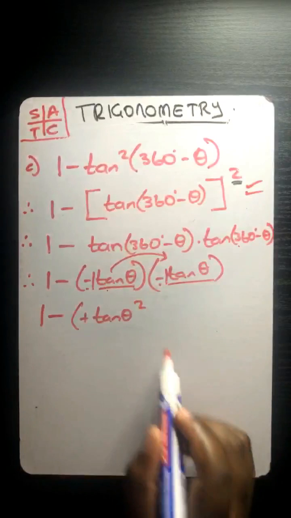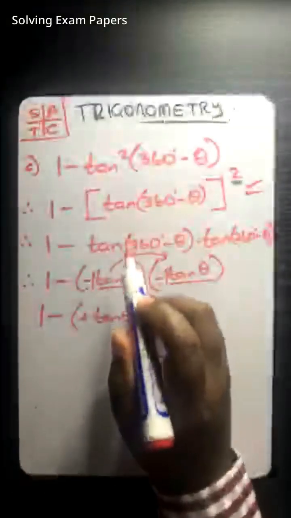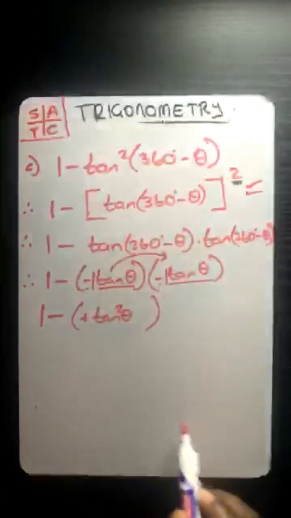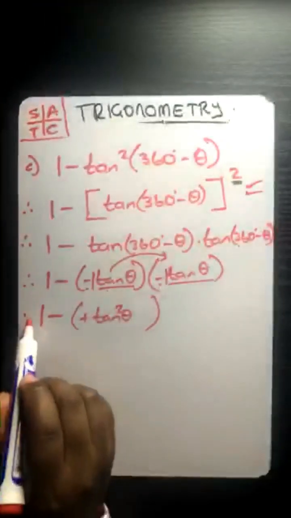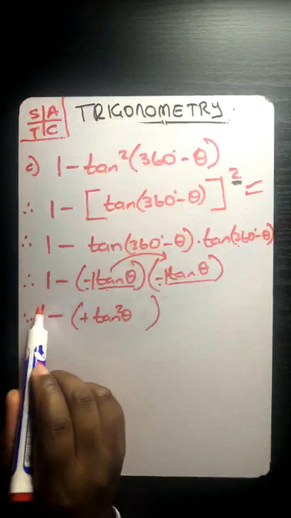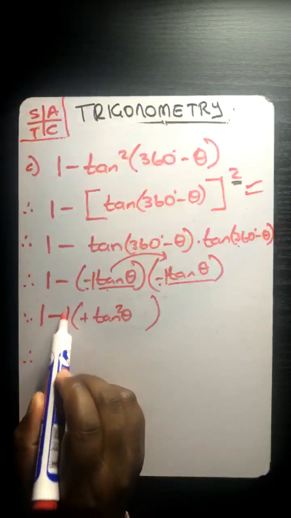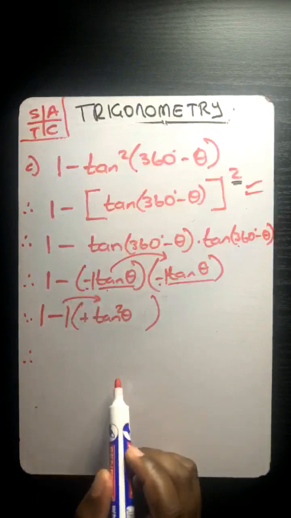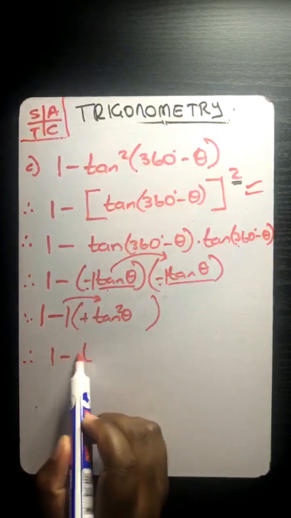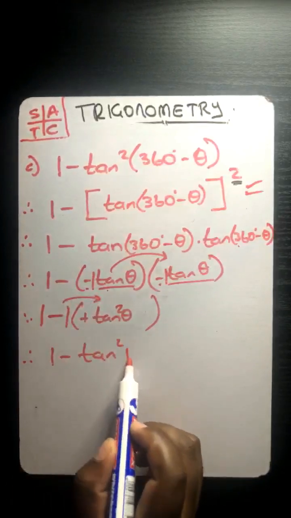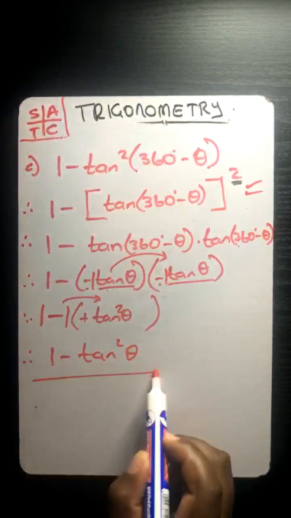But mathematically, you can't write it in this format, it is wrong. So that 2, you don't put it there, but you put it there. So now it's more like you're having 1 minus, obviously invisible 1 there, multiplying this thing inside the brackets. You end up having 1 minus tan squared an angle.